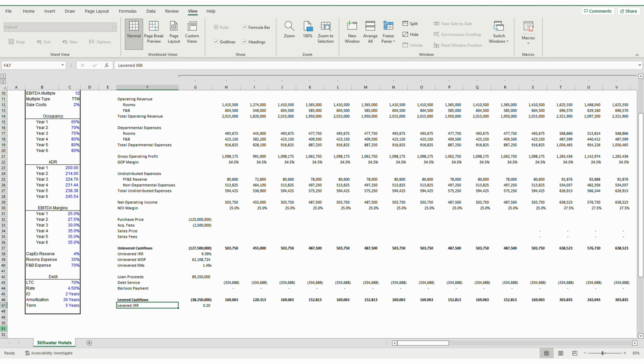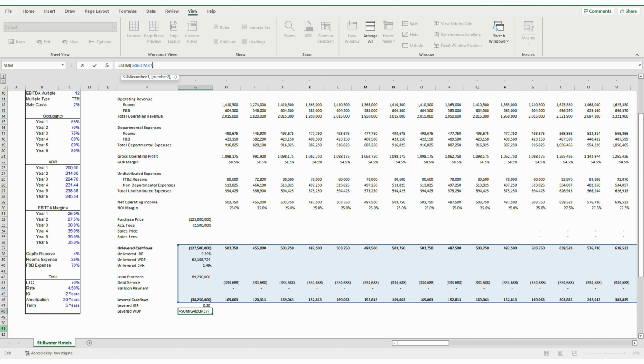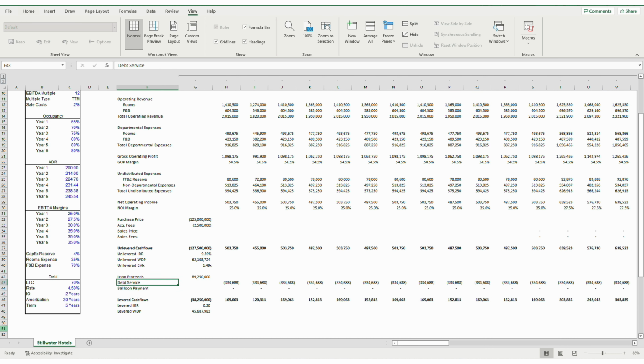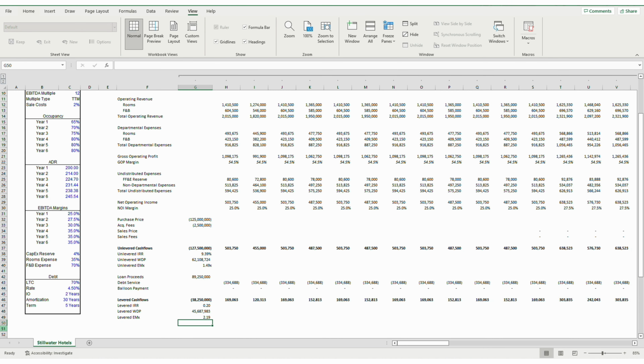Use the same strategy for whole dollar profit, and for our levered equity multiple. Then I format accordingly.